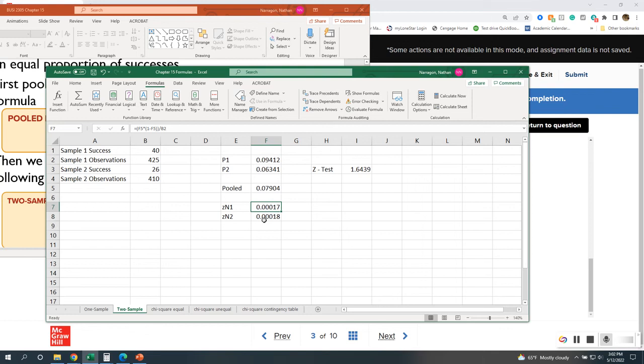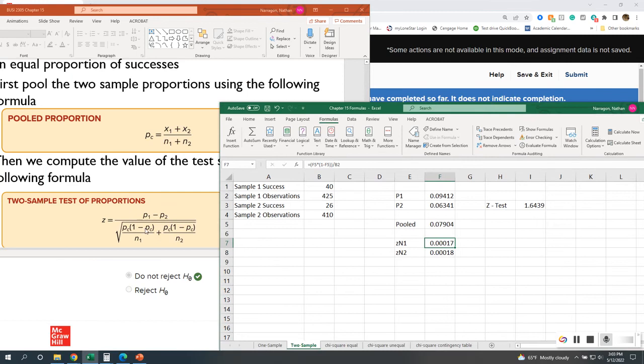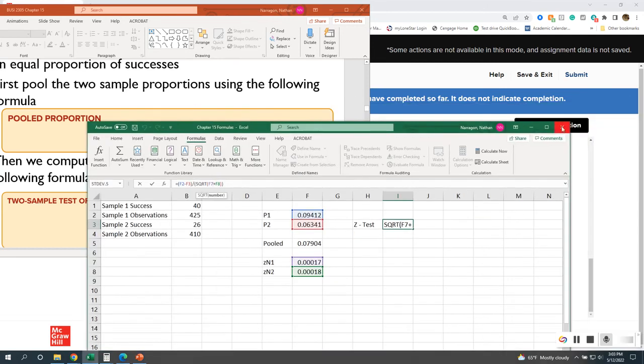But, again, for my z-test, notice that I separated these main ones down here at the bottom, so I can make an easier formula for the z-test, where I just took the proportions of 1 minus 2 and divide by the square root of F7 plus F8.